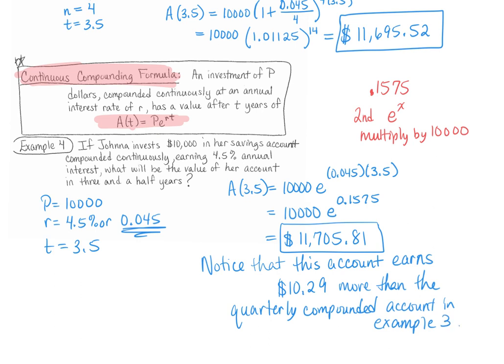So remember, you subtract the 11,695.52 from this amount to see the difference between compounding quarterly and compounding continuously, right? And if you want to see how much interest she earned with her investment initially for example 4, you would do what?